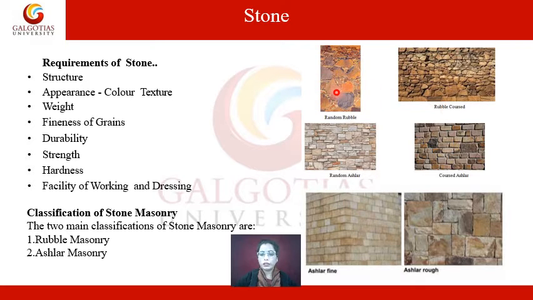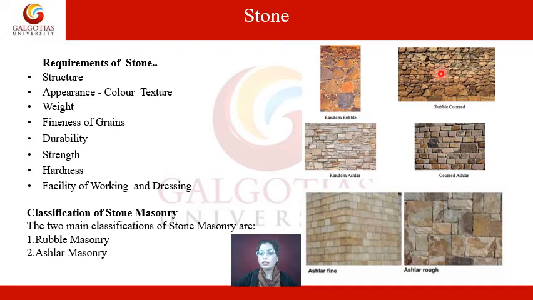As is clear from its name, in random rubble masonry you can see the stones are of uneven sizes and shapes, and there is no alignment in the masonry. In comparison, in coursed rubble masonry some stones are of even shape and size.